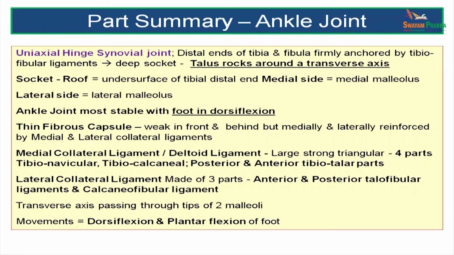The lateral collateral ligament is made up of 3 parts. It is smaller and it has anterior and posterior talofibular and the calcaneofibular ligament. The movements of the ankle joint are plantar flexion and dorsiflexion of the foot.